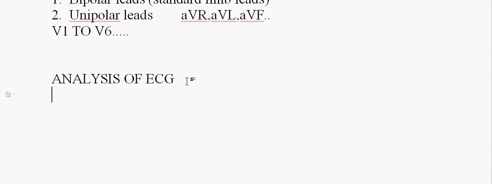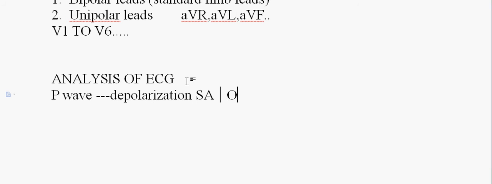So first we will see the general characteristics of the P wave and what this wave generally tells us. Analysis of ECG: in order to know the analysis, we need to know about the P wave first.